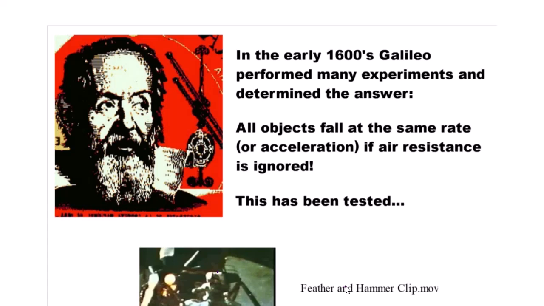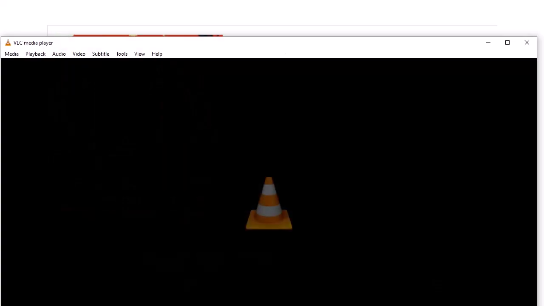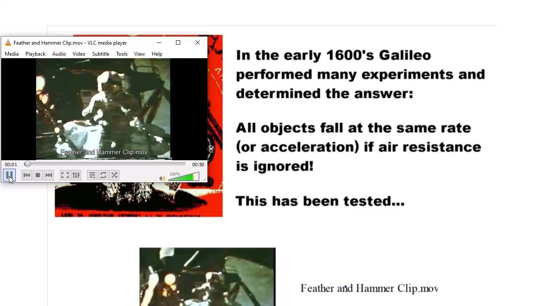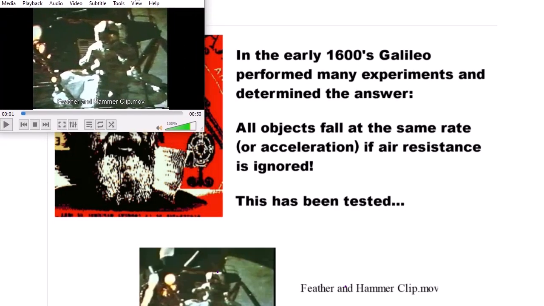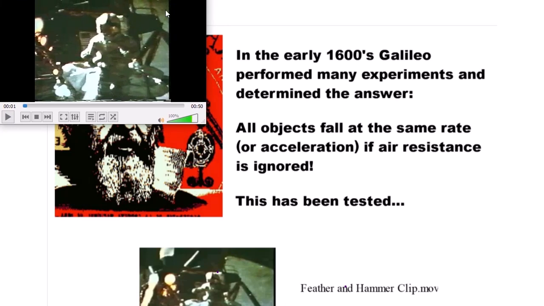There was an important test done to figure out if this was actually true in a place in the solar system where we don't have very much air resistance, and that's the moon. Humans went to the moon during the Apollo missions, and one of the tests was to see if Galileo was correct and objects would fall at the same rate if there was no air resistance.